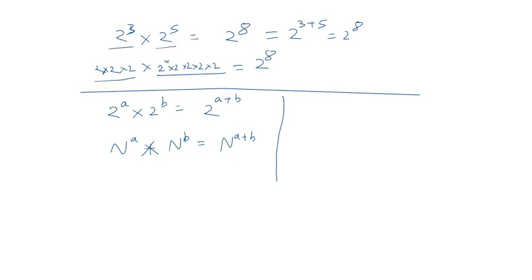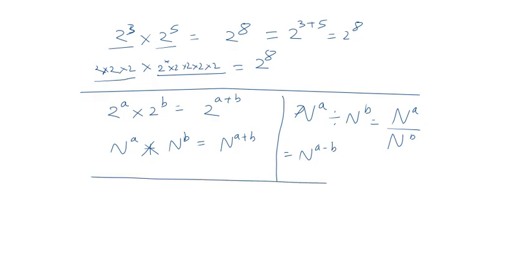Similarly, in division, number to the power a divided by number to the power b will become number to the power a minus b. Let's take some examples. Three square is 3 into 3, 3 cube is 3 into 3 into 3.